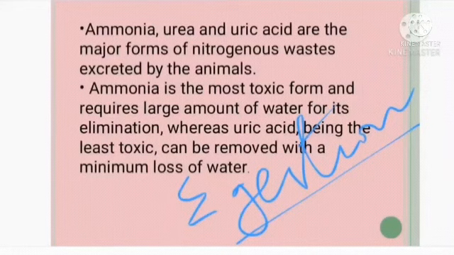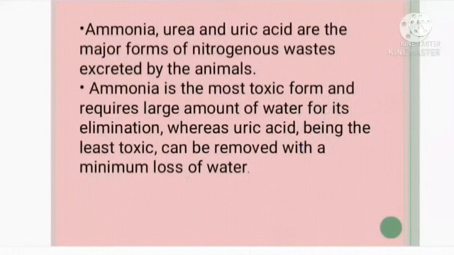Now excretory products are nitrogenous in nature, which means they contain a huge amount of nitrogen, because protein is the one which makes up our body. It is a body building factor, and protein contains nitrogen. So when these are broken down, the waste contains an excess of nitrogen, and hence the term we use is nitrogenous waste.